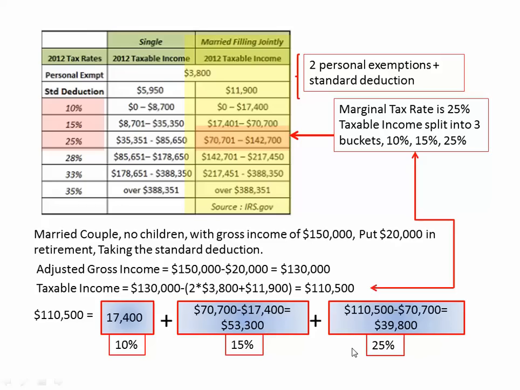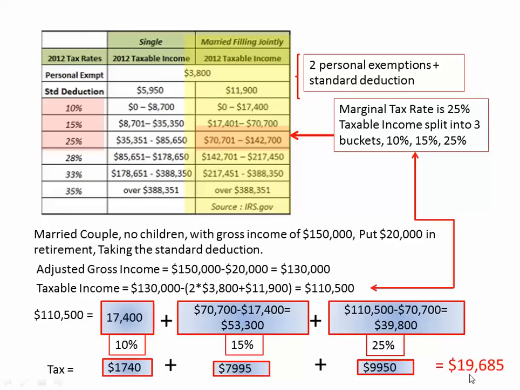I hope you're using your Google spreadsheet to do that. 10% of 17,400 you can probably do in your head: that's $1,740. 15% of 53,300 is $7,995. And 25% of 39,800 is $9,950. If we add these numbers together, that adds up to the tax these people have to pay, $19,685. That's their income tax, not counting the FICA.